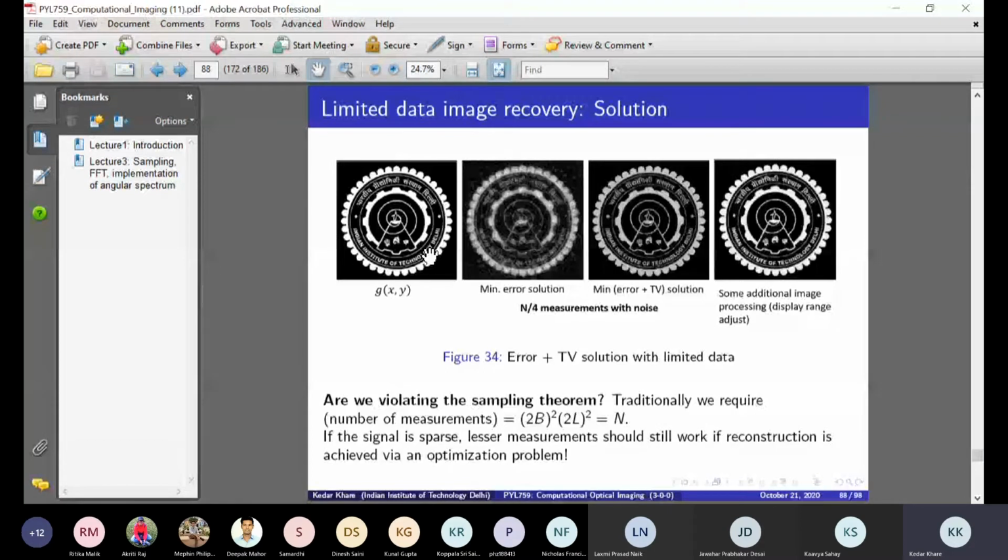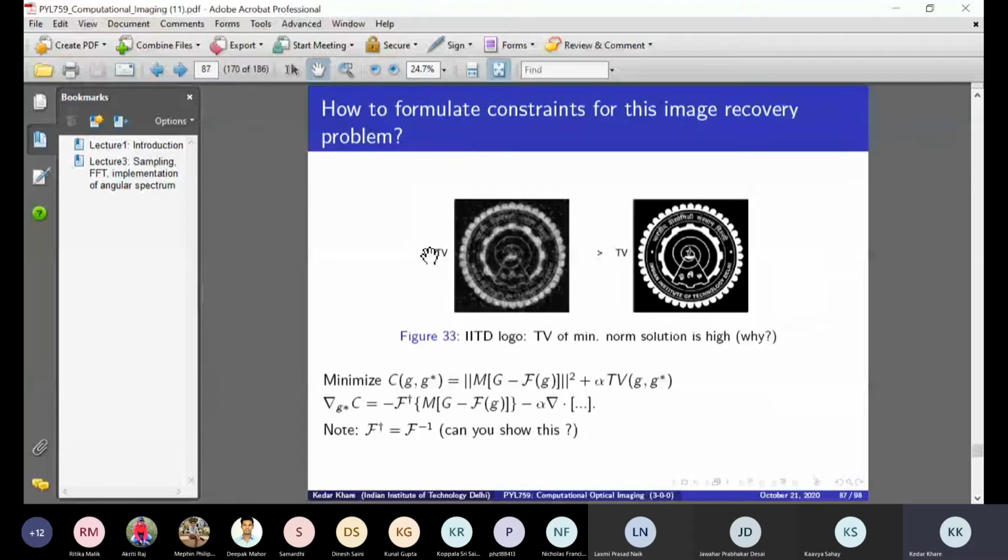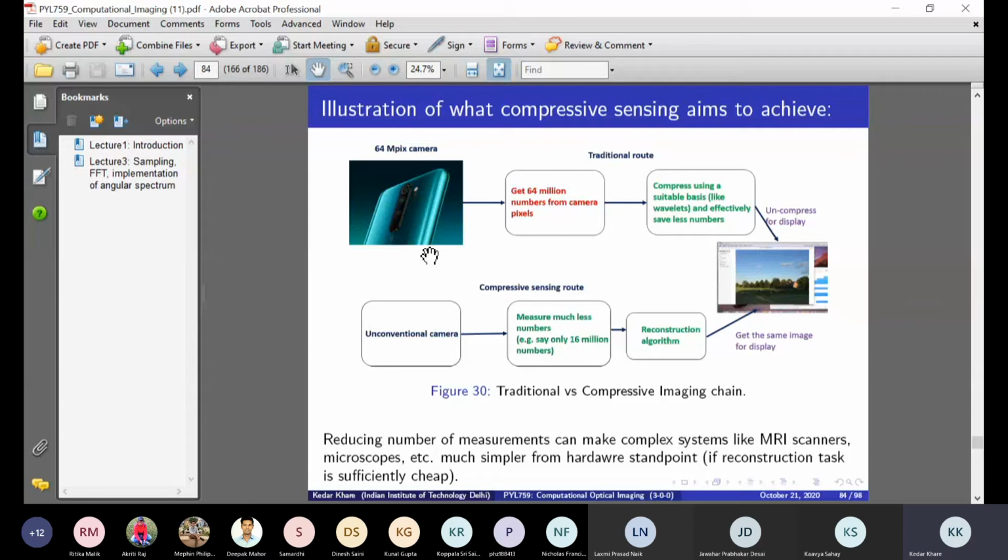And so if you look at my slide yesterday, where I said that there are these two paths. One is where I actually make all the measurements, and then traditionally I will get the image and I will save. But here I have an unconventional kind of imager where I don't take data at all the measurement points and measure much less, but via reconstruction, I should reach the same picture.